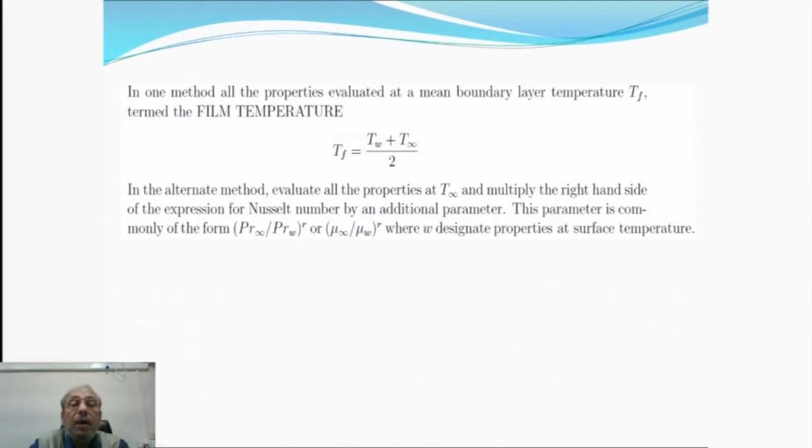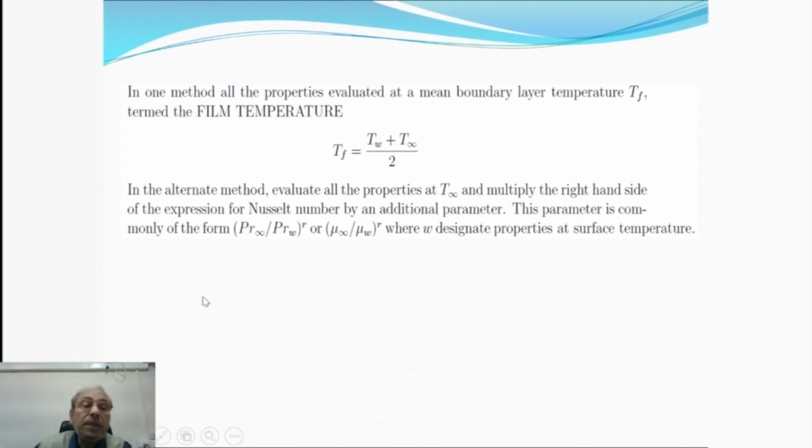In one method, all the properties are evaluated at a mean boundary layer temperature, that is Tf, or film temperature, where film temperature is the surface temperature plus free stream temperature divided by 2. In the alternative method, evaluate all the properties at T infinity and multiply the right hand side of the expression for Nusselt number by an additional parameter.